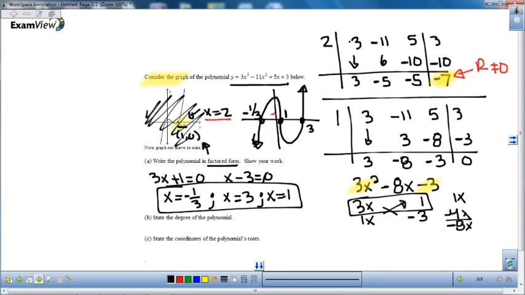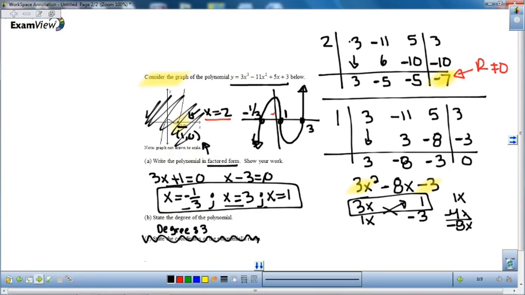And it says state the degree of the polynomial. So we already did this at the beginning. The degree is 3. And it says state the coordinates of the polynomial's roots. So what that wants us to do is substitute the 3 points. But we can go ahead and skip that.